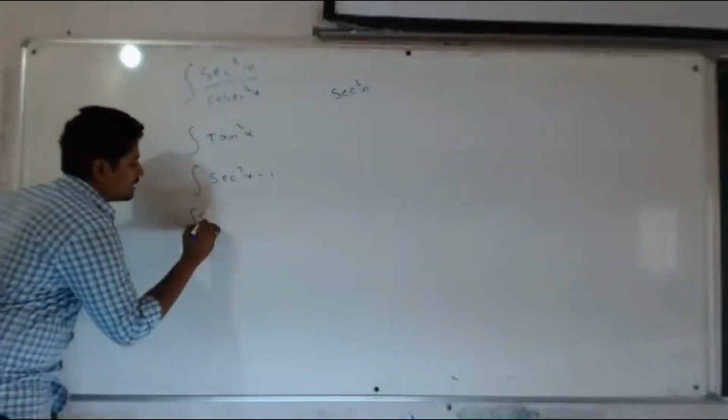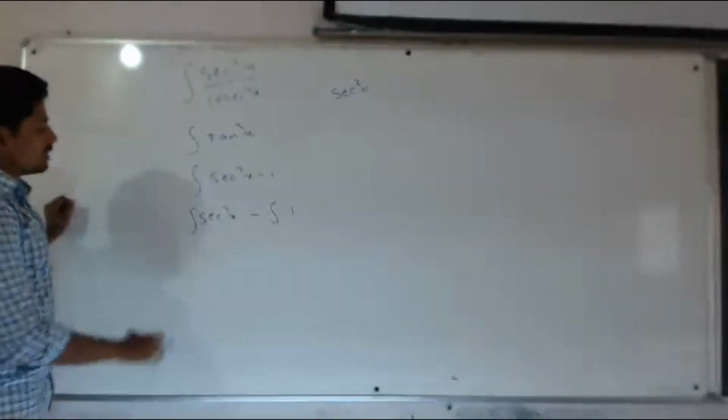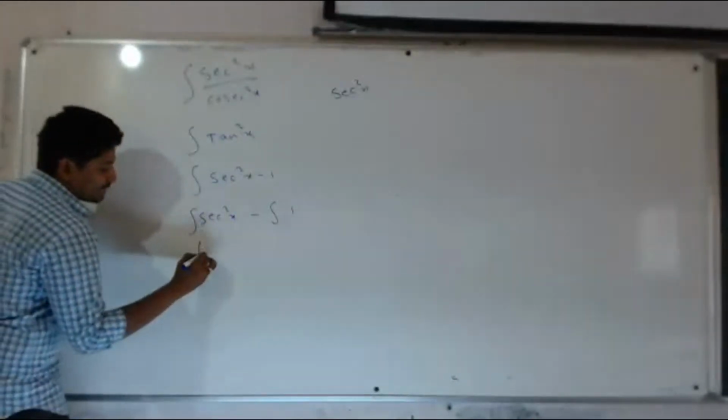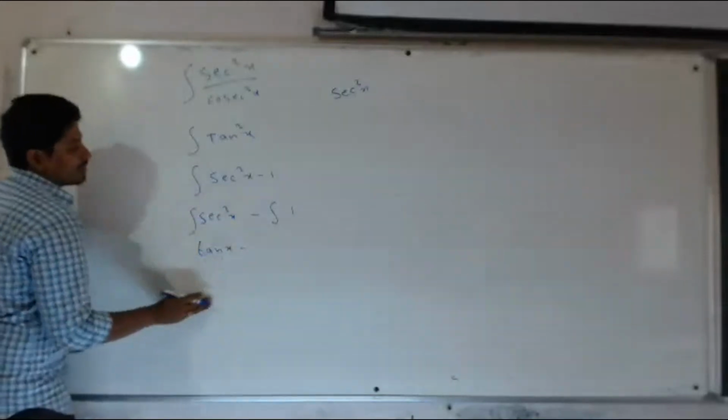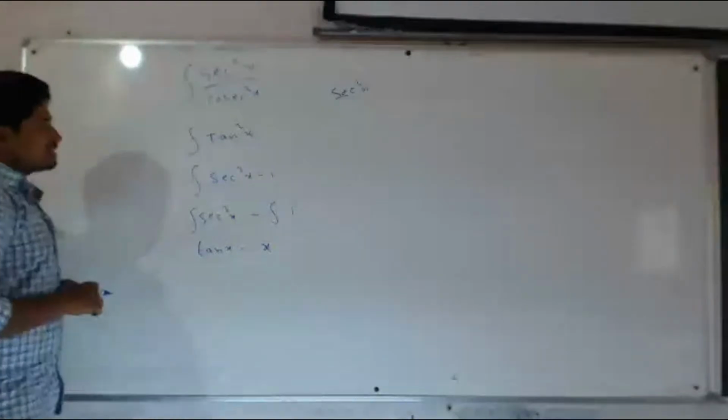Integral secant square x minus integral 1. What is integral secant square x? It is tan x. What is integral 1? It is x.